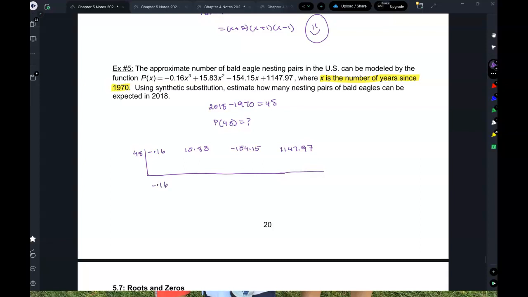-0.16 out here. So when I multiply, what do I get for that other number? Anybody? Correct. And here I get 8.15. So what do I get up top?